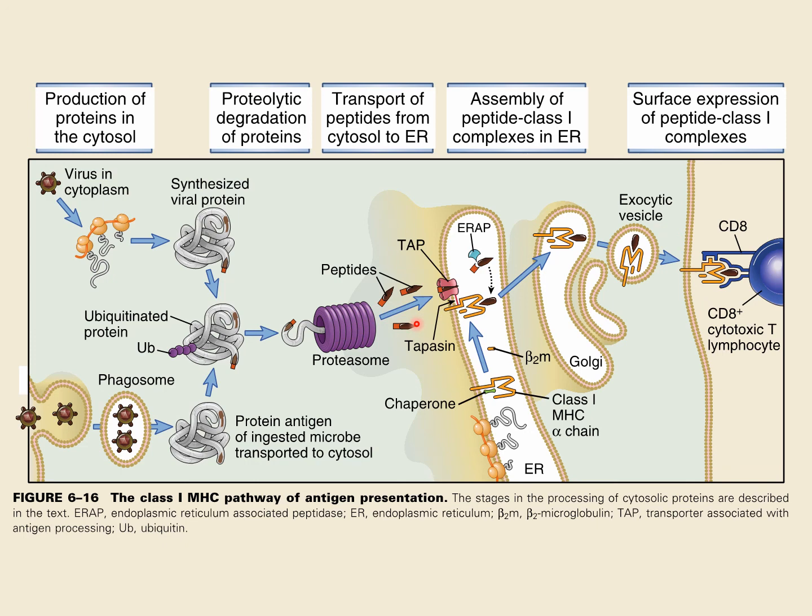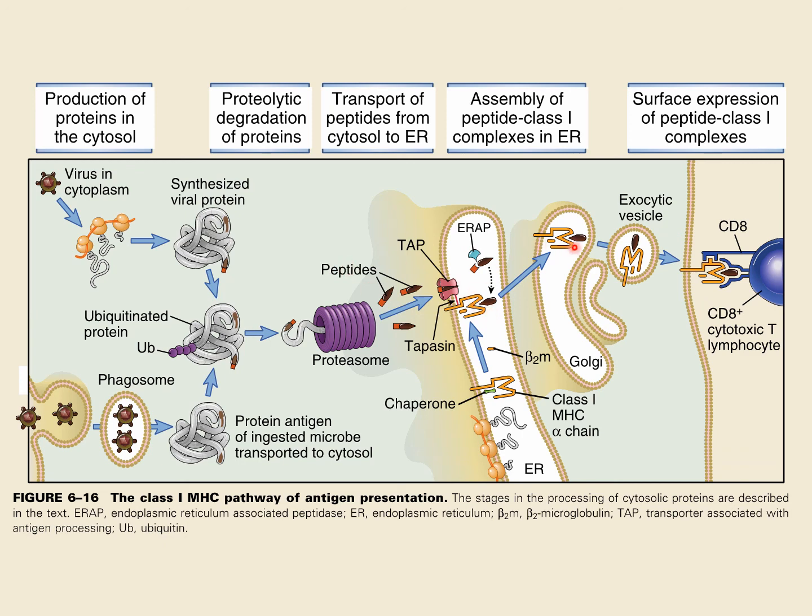These peptides then move towards the endoplasmic reticulum by means of TAP molecules. These TAP molecules, along with tapasin, bind to the MHC class 1 molecule. These class 1 molecules are then loaded up with the peptides.